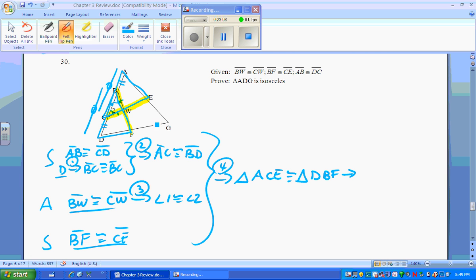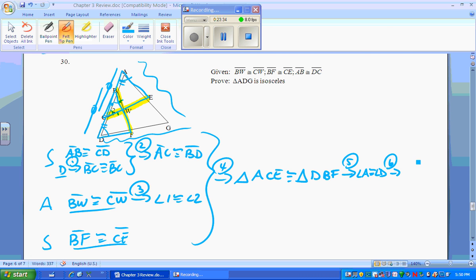Now here's the tricky part. We want to prove this very large triangle is isosceles. Well, to do that, you need two sides congruent. So we cannot steal sides from these two triangles being congruent. So you have to think of that rule: if angles, then sides. So this angle and this angle are congruent. So angle A is congruent to angle D, which means if angles, then this side and this side are congruent.